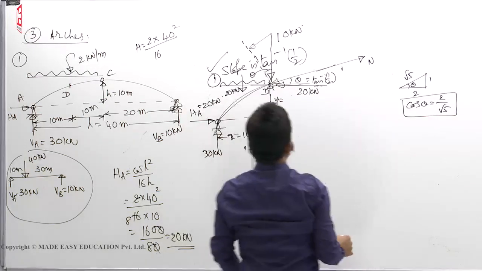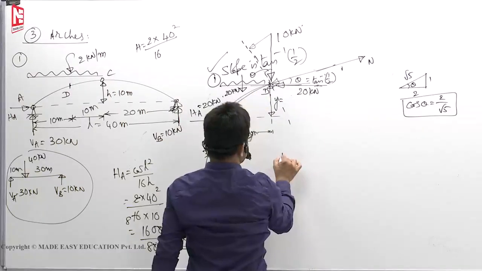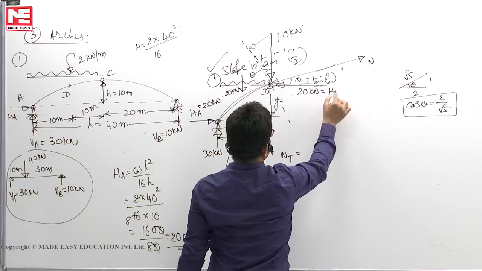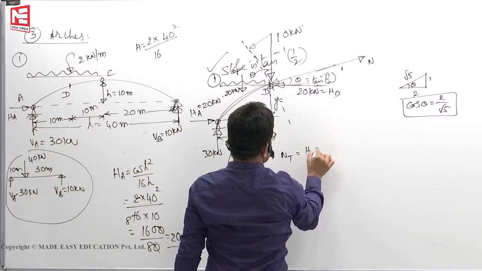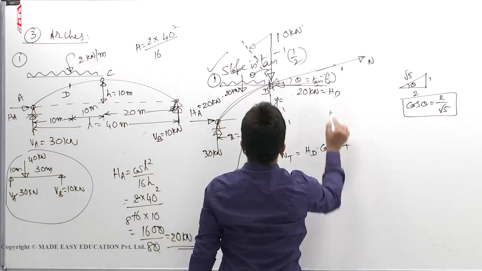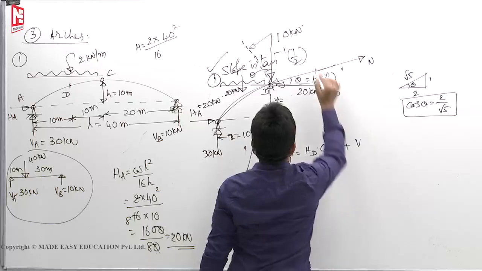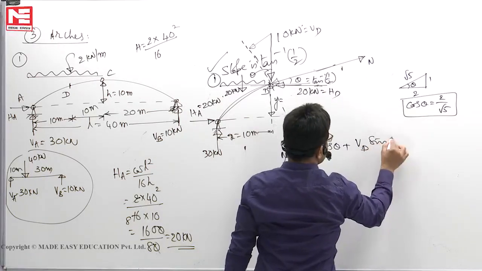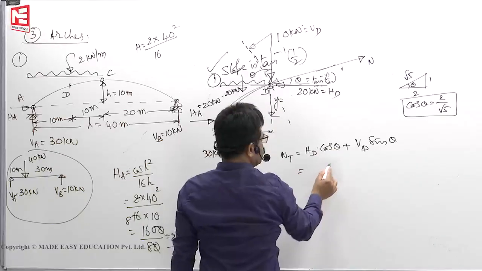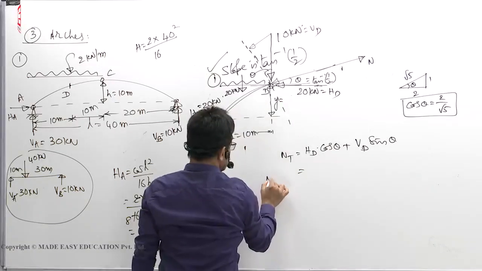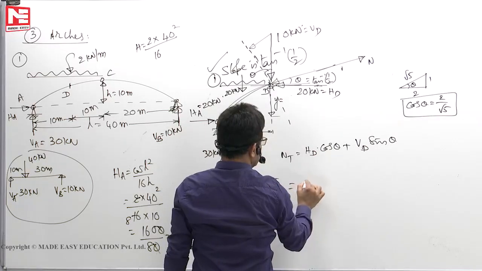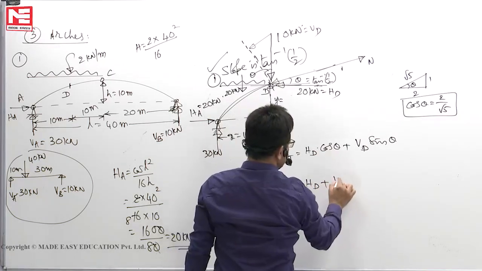Now normal thrust. This point let us say HD. HD cos theta plus VD sin theta, where this 10 we take as VD. To get a uniform result, divide by cos theta. Normal thrust by cos theta is equal to HD plus VD tan theta.